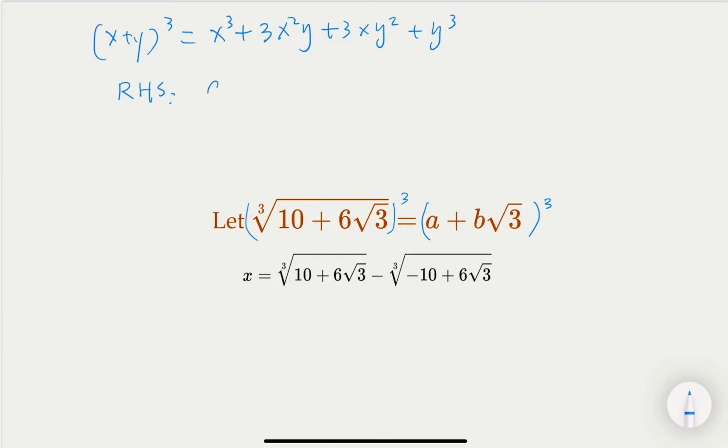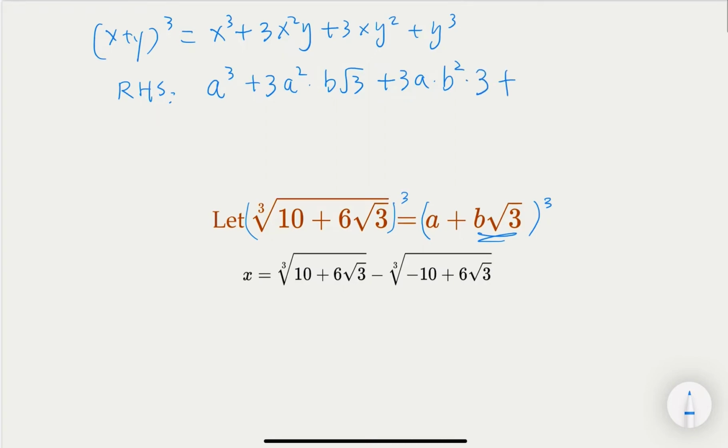This becomes a to the third power plus 3a squared times b square root of 3 plus 3a, and then the second term squared becomes b squared times the square root of 3 squared, which becomes 3, plus the second term raised to the third power, b to the third power. The square root of 3 raised to the third power is going to be 3 square root of 3.